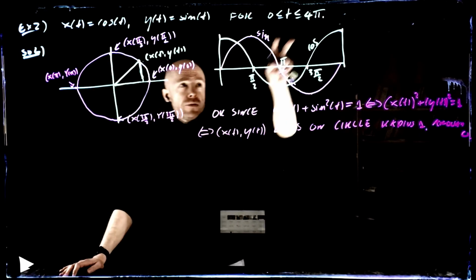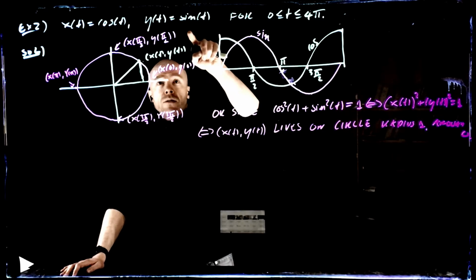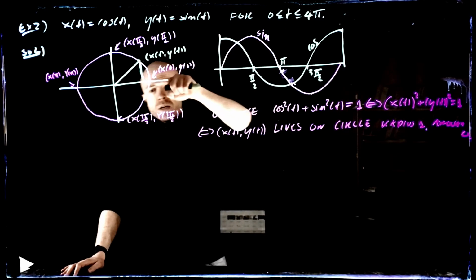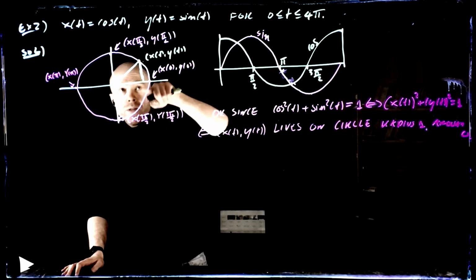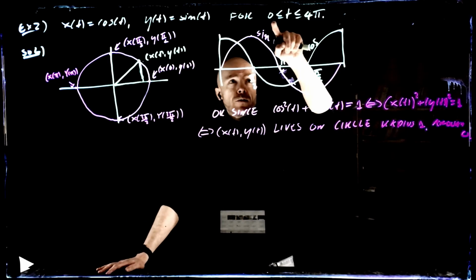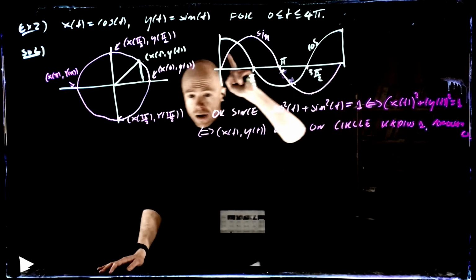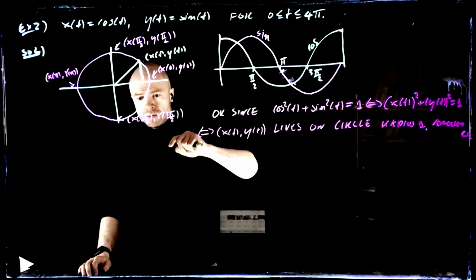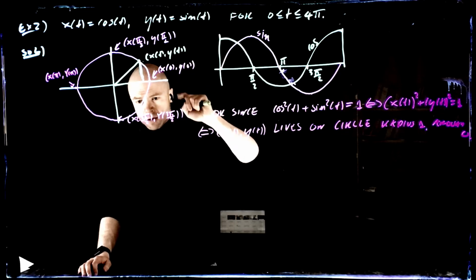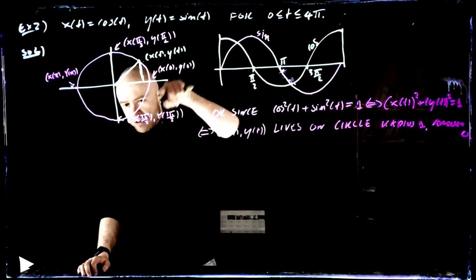So notice that this parametric curve of this range goes around exactly the same set of points as when we considered from 0 to 2 pi. Yeah? But this is a different path. The b is doing a different thing. So the set of points is not the same as the path. Start again.